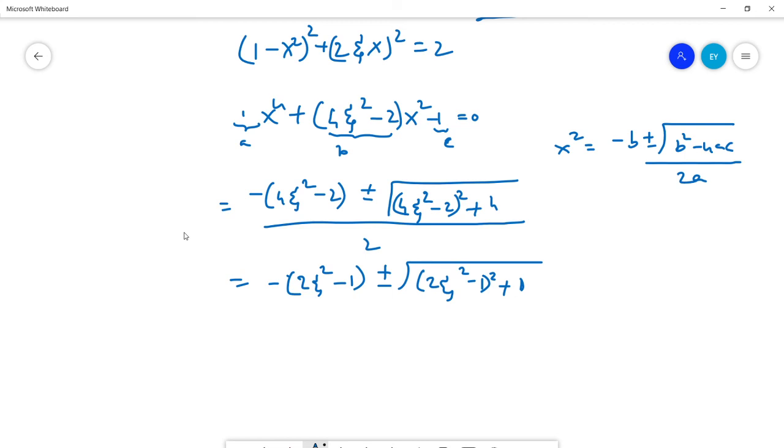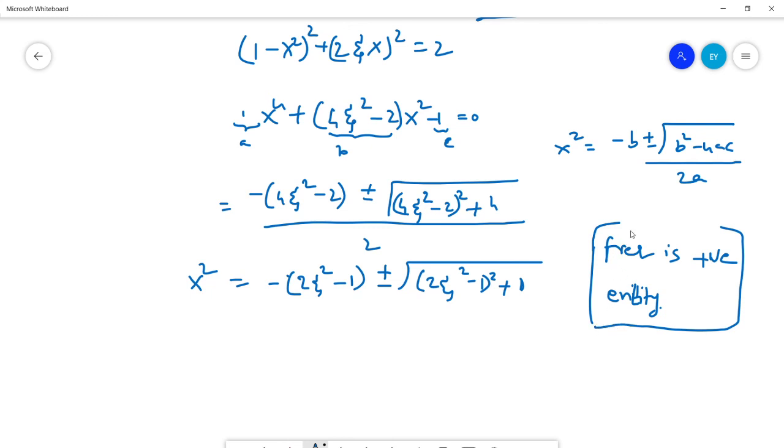So what is x? If you solve for this, what we take here is frequency, as I mentioned while deriving maximum peak frequency. Frequency is a positive entity. So what we consider here is only the positive root. Here while solving we get positive and negative roots.